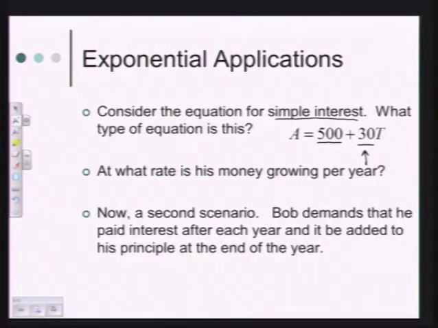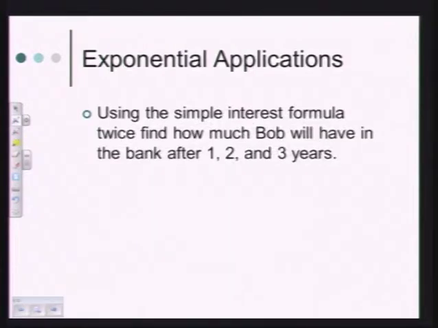And let's look at a second scenario, one that now brings in our exponential applications. Bob wises up as an investor and he says, I'm going to demand that the bank pay me my interest each year and then add that interest to my principal so that that will be calculated in the next year's interest. Let's look at what that does to Bob.